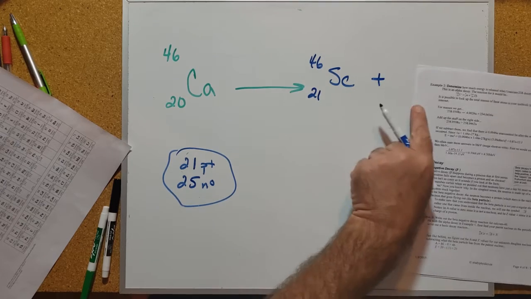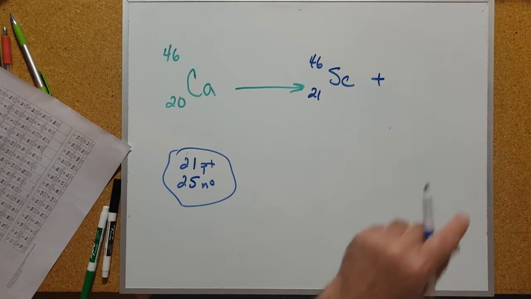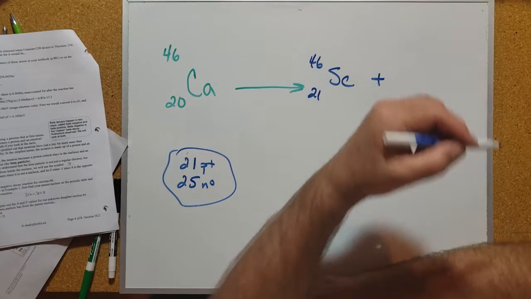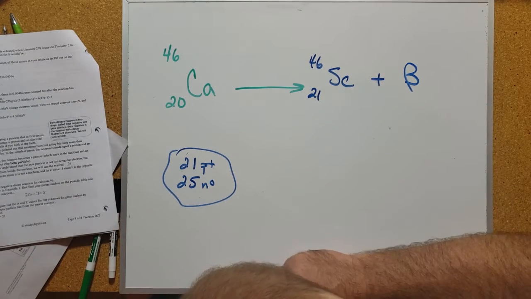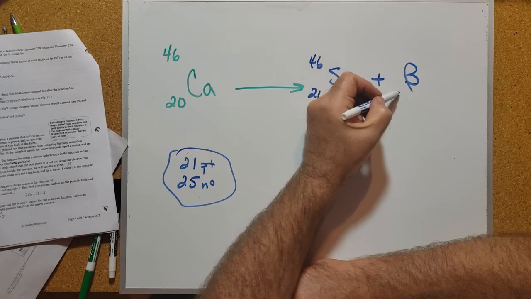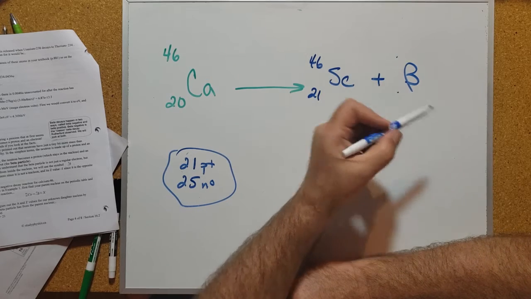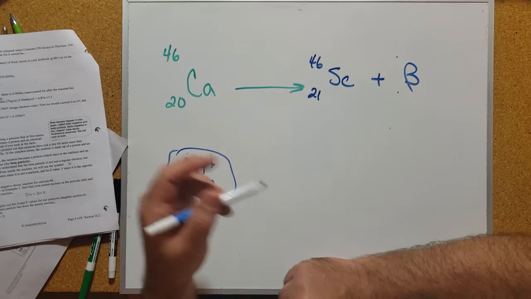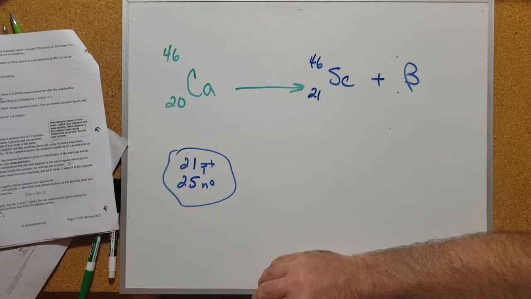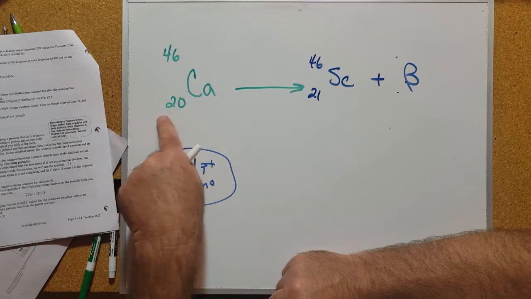And the beta particle. How do we write a symbol for a beta particle? Well, we could use the Greek letter beta to symbolize that. But what are the numbers that we put here? If we think about it, the numbers here represent the number of protons, but also the number of positive charges in each of these nuclei.